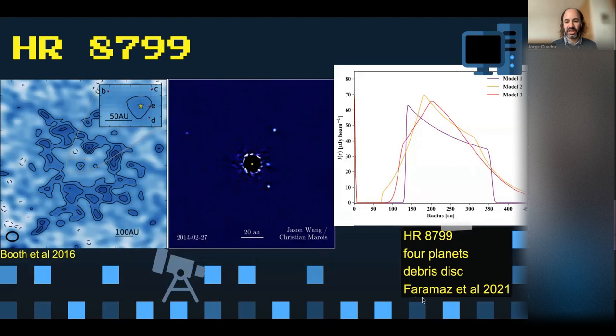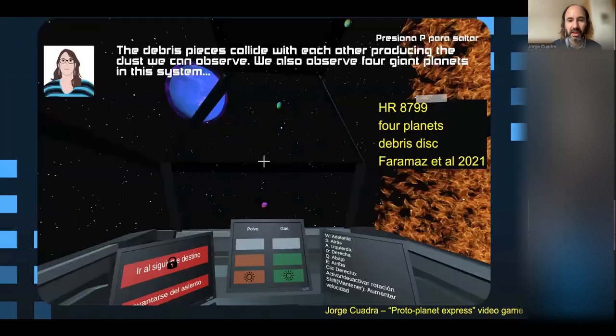And she actually produced a particle distribution starting from one of these profiles. I think profile model 2 was the best one. So she produced a distribution of particles that we could then input in the game.